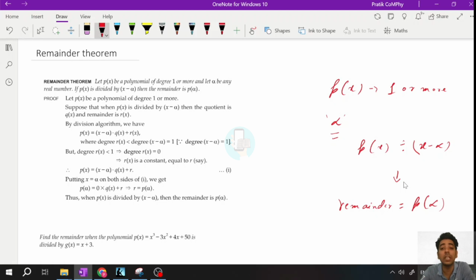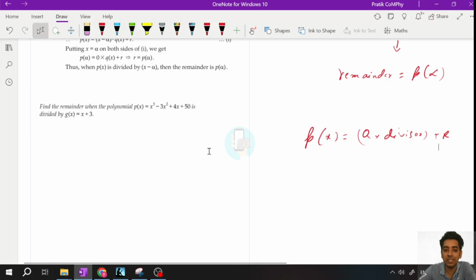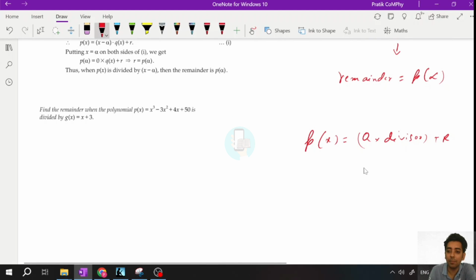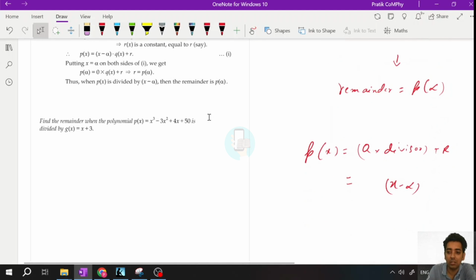The polynomial can be linear, it cannot be constant, it can be quadratic, all these things can happen, right? And we are dividing it by x minus alpha. So what did we just learn? We learned the division algorithm, that p of x is the quotient times the divisor, and the remainder is added to it. This is what we have done. Now understand well, I am not changing p of x, but I have already stated the question. I am dividing p of x by x minus alpha, right? So the divisor I already know, and obviously a quotient will come, which would be simply q of x.